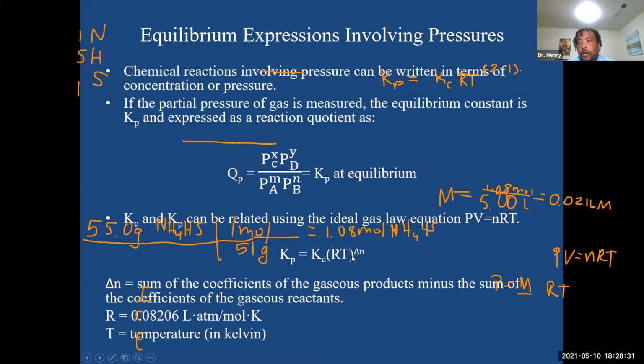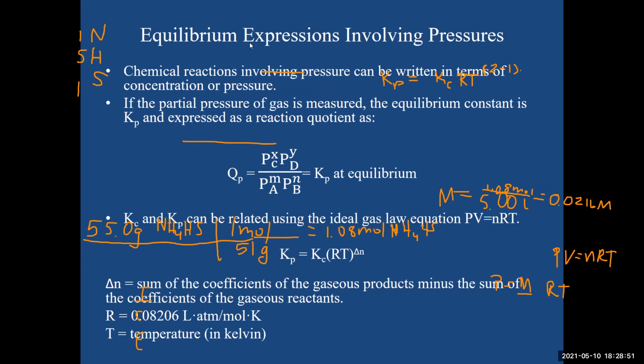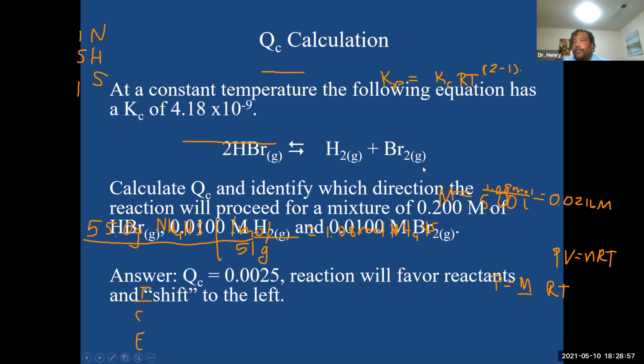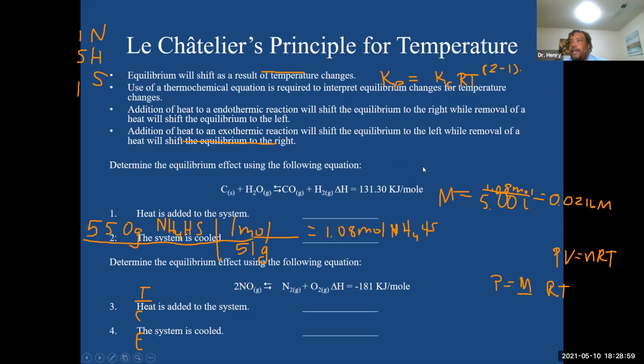Kp equals Kc times RT to the delta n, where it's the difference between the number of coefficients for your gas products minus your gas reactants. Yes, no, maybe? Yeah. Okay, good.